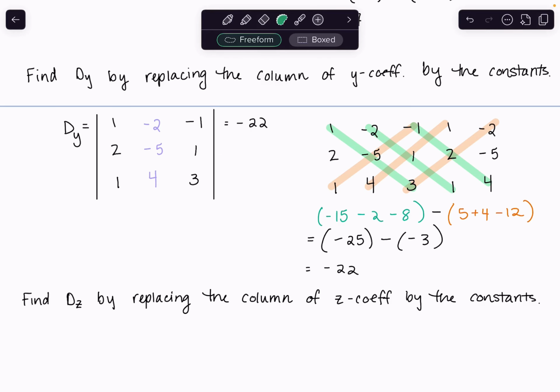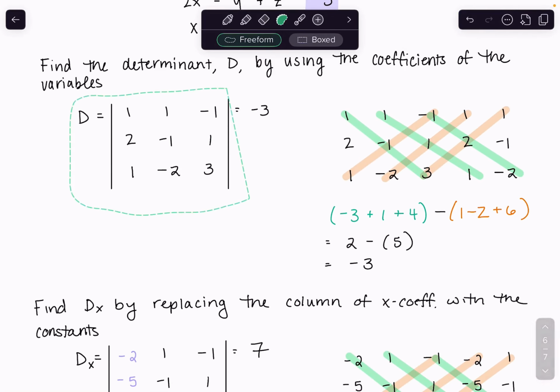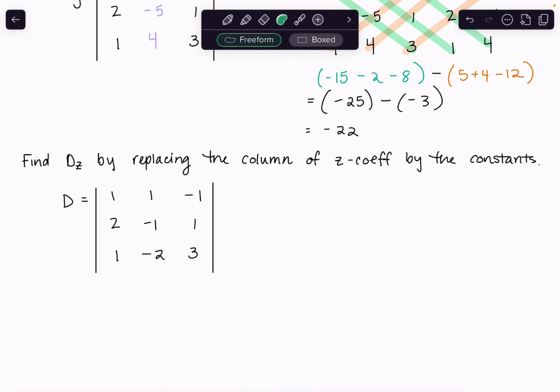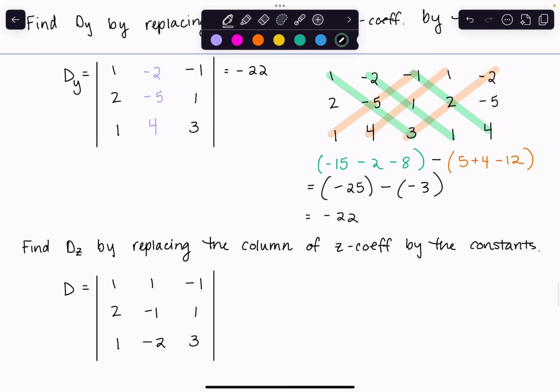So I need to go back up and again get my starting determinant matrix, bring that down here. We are finding d sub z. So I get rid of the z column and replace it with -2, -5, and 4.